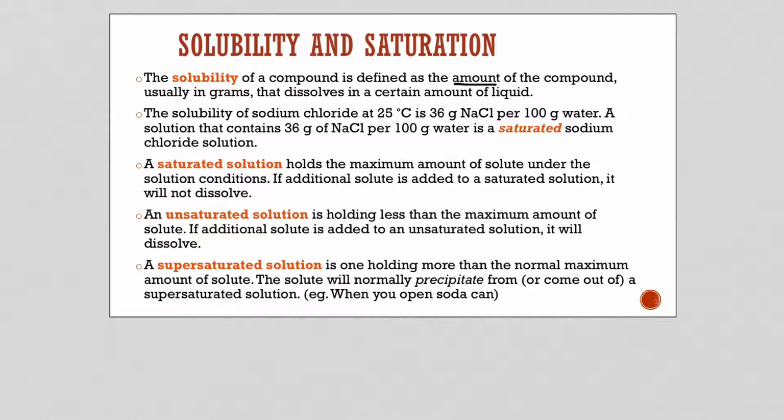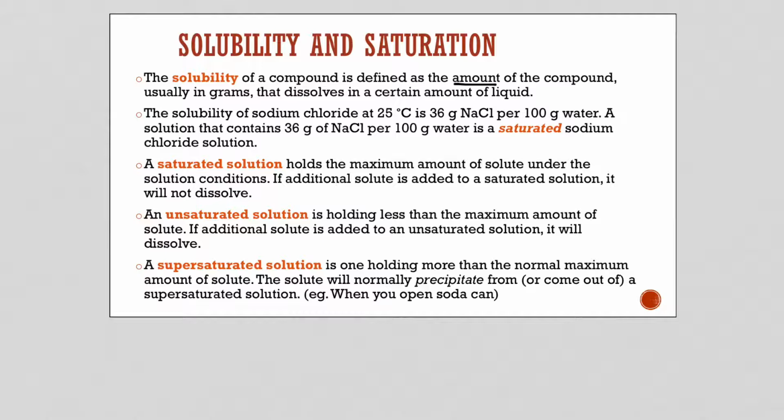For example, we could quote the solubility of sodium chloride at 25 degrees as 36 grams of sodium chloride per 100 grams of water. And that would be the solubility of sodium chloride in water.